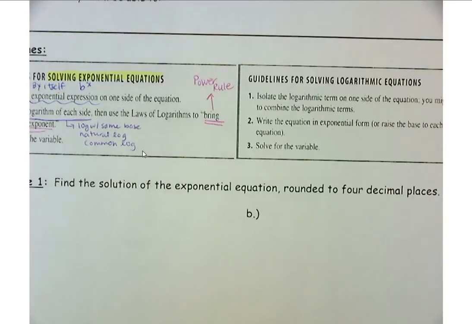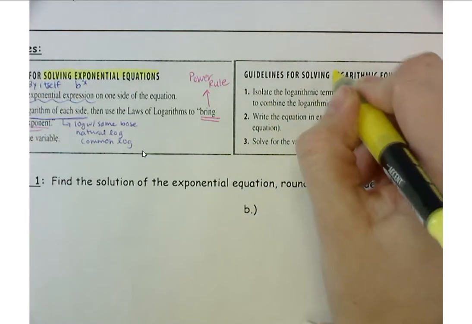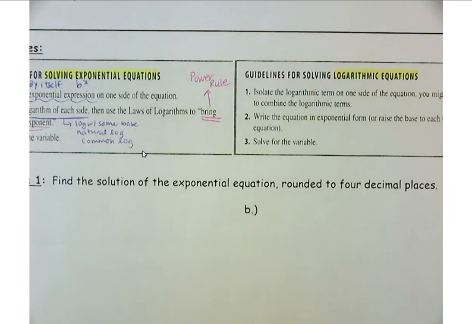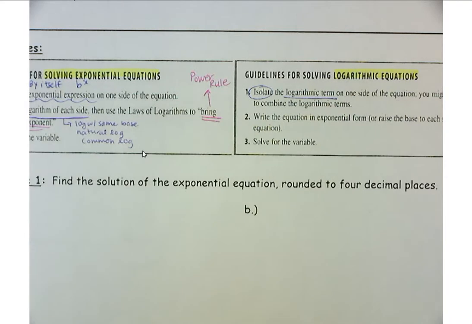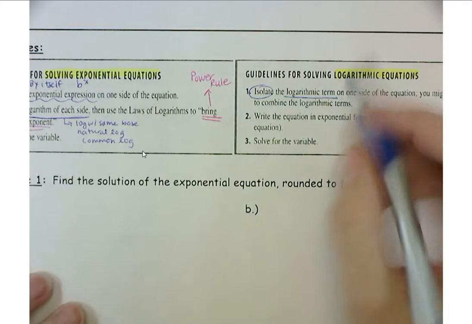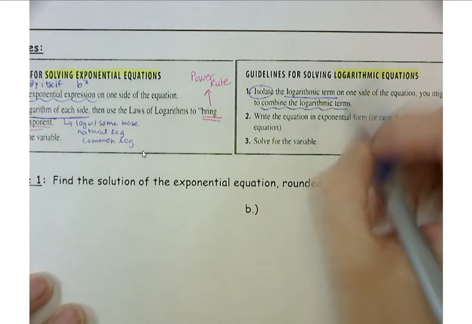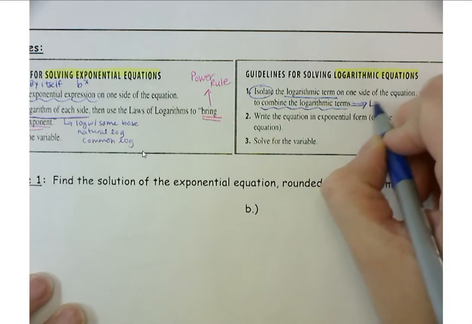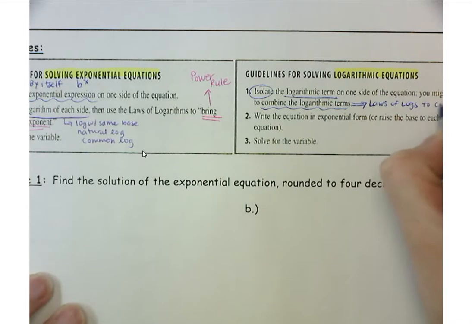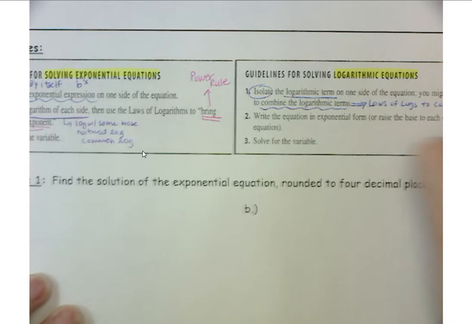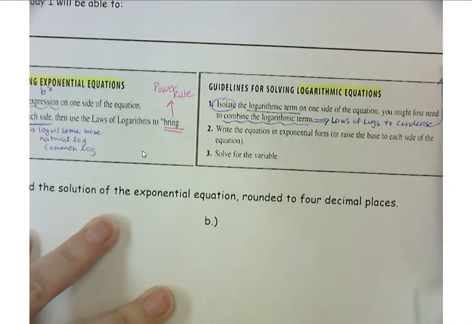When you are solving logarithmic equations, you are still going to have the isolation, but it's of the logarithmic term. So the term that has your log in it. And then you might first need to combine your log terms. That is when you're going to use your laws of logs to condense, because you only want a single logarithm.